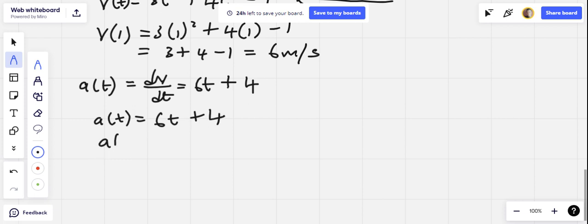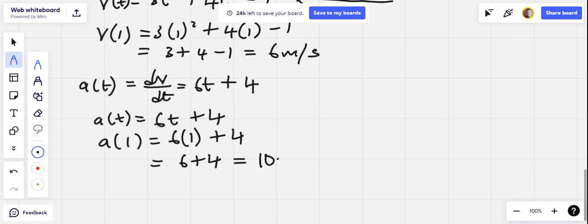So our acceleration at time t equals 1 will be what? 6 times 1 plus 4, which equals 6 plus 4, which equals 10 meter per second squared.